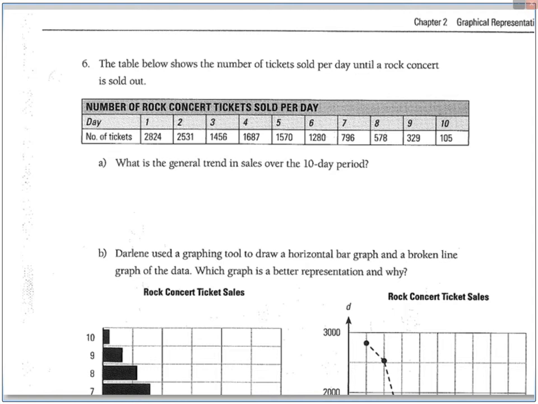Okay, the next table, tickets sold until a rock concert is sold out. What is the general trend in sales? So what happens on a concert? What happens on the very first day? People are like, ooh, I'm excited. I want to get those tickets before they're sold out. So on the first day, you have the most sales.